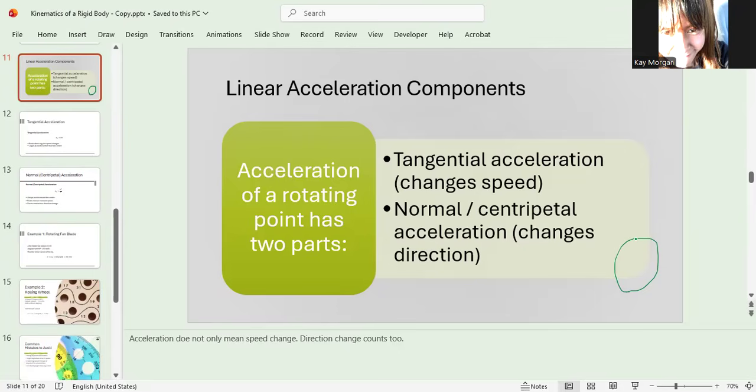Again, we're looking at a point in the rotating object. When you think about the tangential acceleration, we're thinking about the changing of the speed of the point. So if your object is speeding up or slowing down, that's what acceleration does, either speed up or speed down. And of course, don't forget this is rotating; your motion is a rotation.